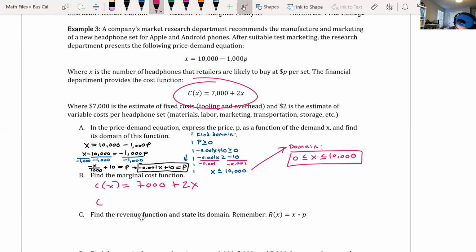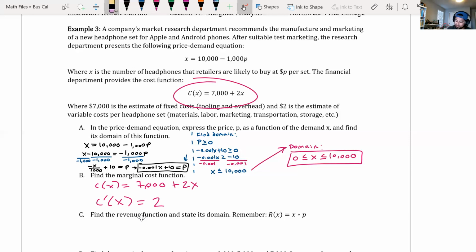And if you take the derivative of the cost function, this is the marginal cost function. What's the derivative of the cost function going to be? Just 2, because the derivative of 7,000 is 0, and the derivative of 2x is 2.